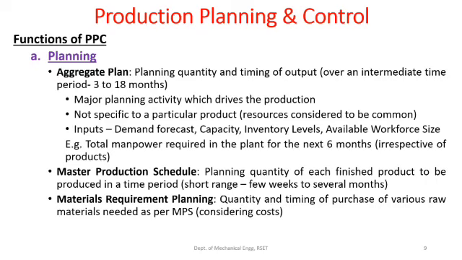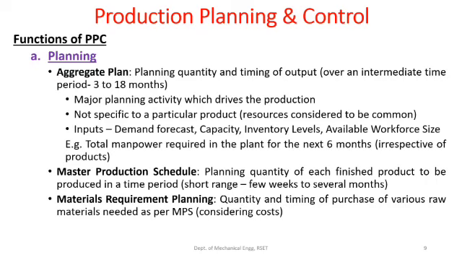Once you have an aggregate plan, the next kind of plan that is prepared is a master production schedule, which is abbreviated as MPS. Now in a master production schedule, you plan the quantity of each finished product to be produced in a period of time. So here your plan becomes specific to a particular product. It is not product independent.